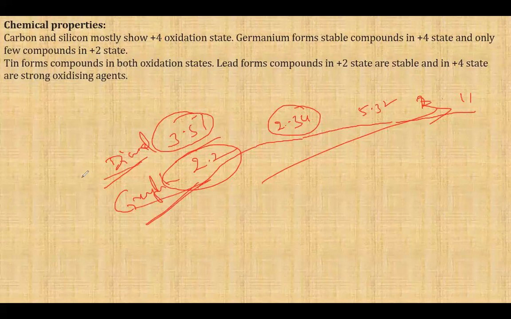In diamond, it is hard, meaning all the electrons are involved in bonding, a complete closed structure. Then the density is more, 3.51 in the case of carbon. So density increases down the group. But in the case of carbon, the diamond has the high density 3.51, compared to graphite which has 2.2.